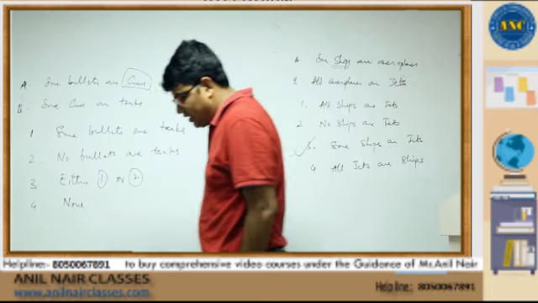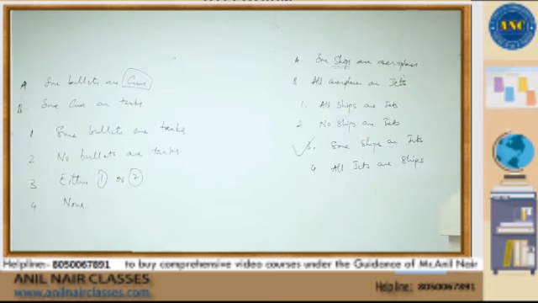So this is another catch or another situation that is asked or extensively used in CAT. Generally what happens is, seeing some bullets are guns, some guns are tanks, we feel there is no inference, and we end up marking none. But you should be aware of this situation. You should know that this is not true, but these two are complementary pairs.